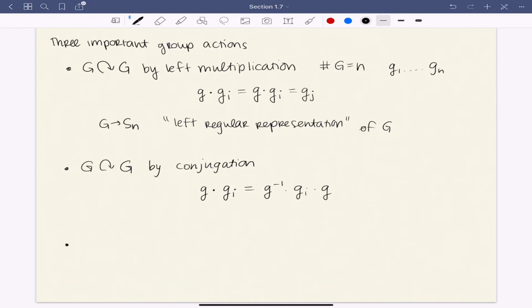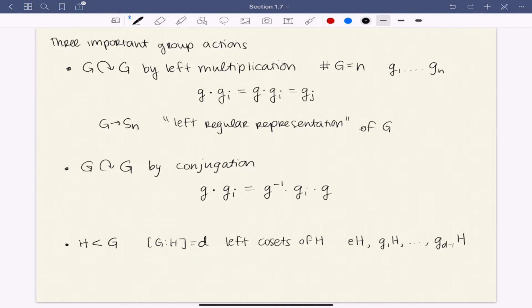And then the last important action is if H is a subgroup of G of index, say, d, then we get the left cosets of H. So the first one will be just H, or the identity times H, but then we'll have g_1 times H all the way to g_{d-1} times H. So that gives me d different cosets.